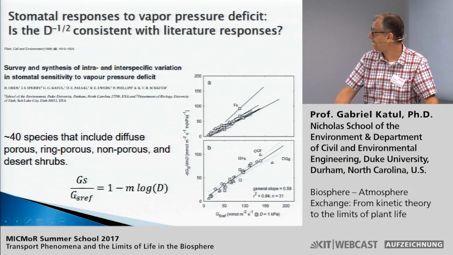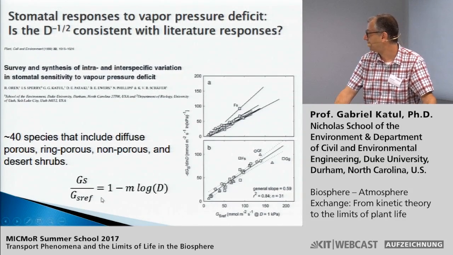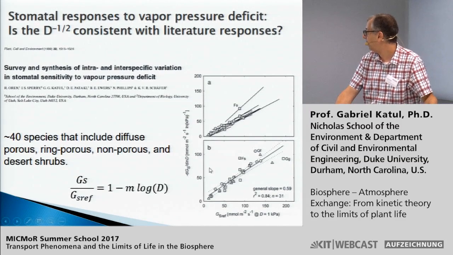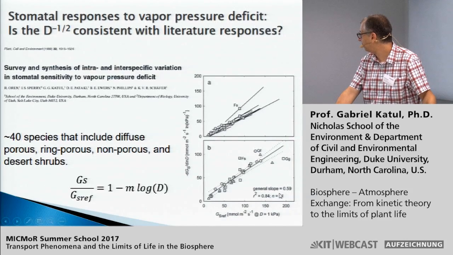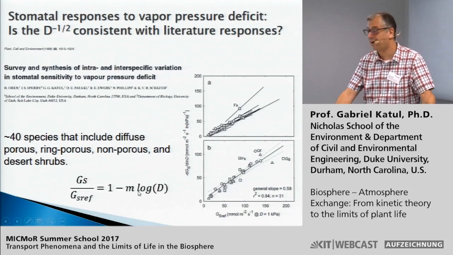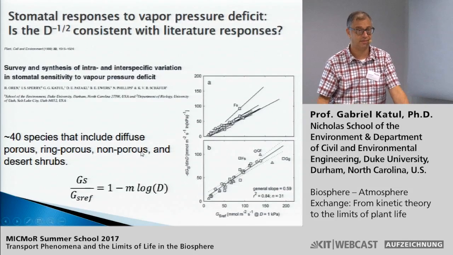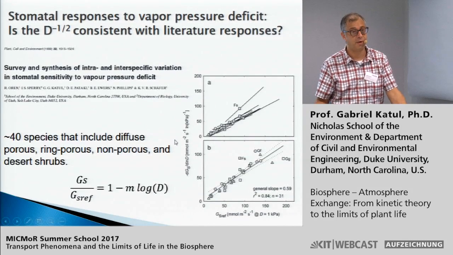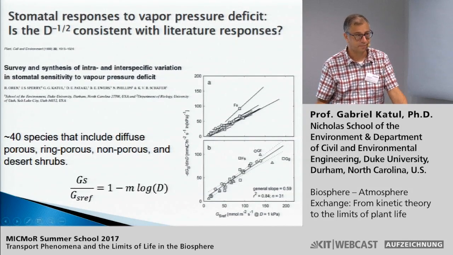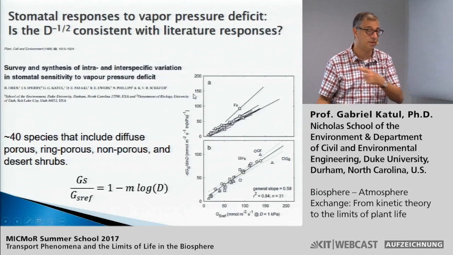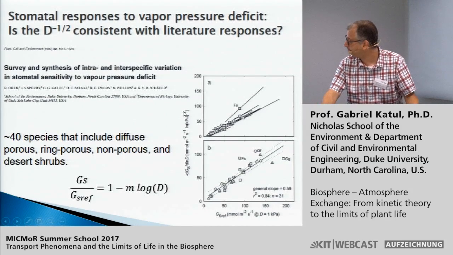It seems that GS over this reference conductance seemed to follow an expression of the form 1 minus m log D. And so he inferred m from 30 or 40 species, well, maybe 31 here, and found that m is between 0.5 and 0.6, highly constrained, okay? Highly constrained. But these were all well-watered conditions. Nadine actually showed a graph similar to this one in her talk yesterday.